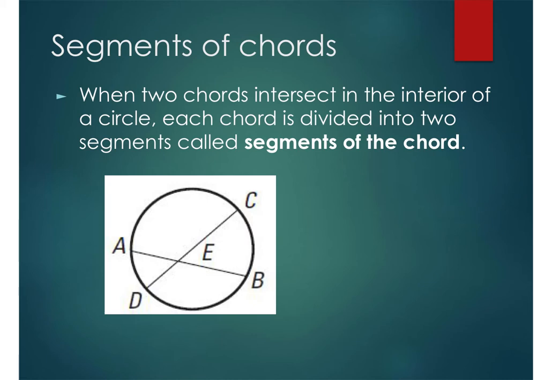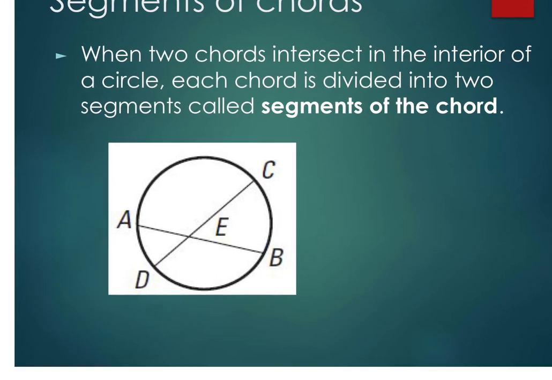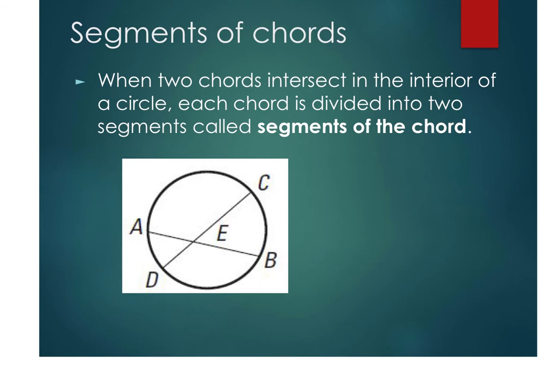Segments of chords. When two chords intersect in the interior of a circle, each chord is divided into two segments called segments of the chord, okay? So what I want you guys to do is label each of these segments of the chord.